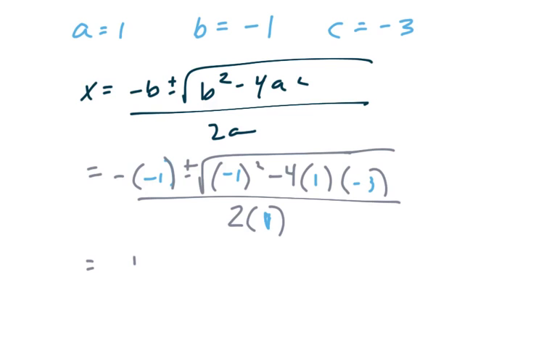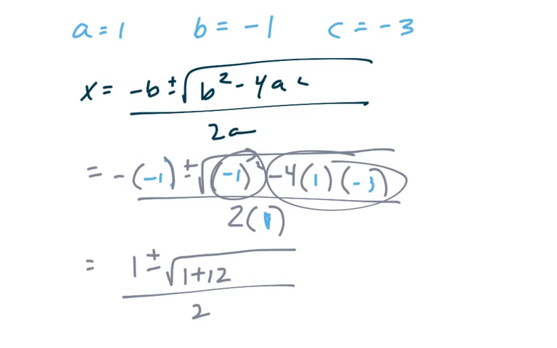Alright, so simplifying, that means we have 1 plus or minus the square root of 1 plus 12 over 2. So this is 1, that's negative times negative, so positive 12. And so our answers are going to be this disgusting set of numbers. Apparently x is going to be 1 plus the square root of 13 divided by 2, which is 2.3028.